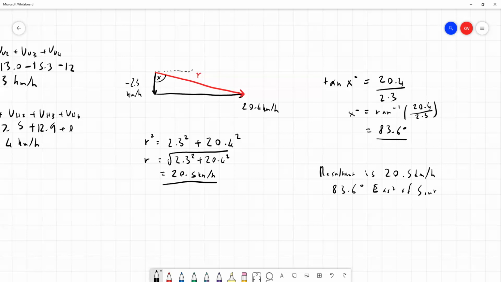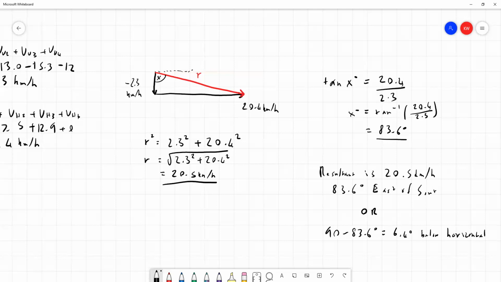Or we could subtract that from 90 and find the angle below the horizontal: 90 minus 83.6 degrees, which is 6.4 degrees below horizontal, or indeed 6.4 degrees south from east, depending how you want to express it.